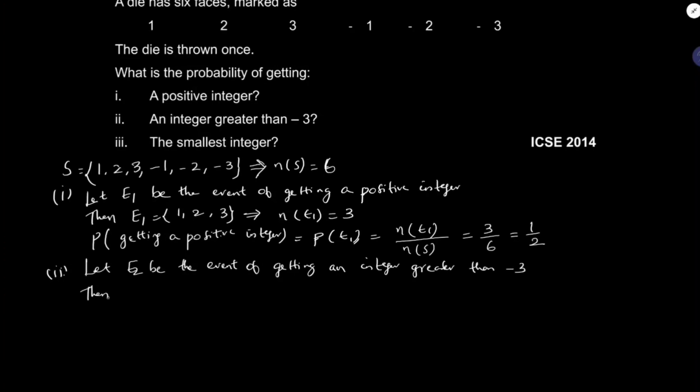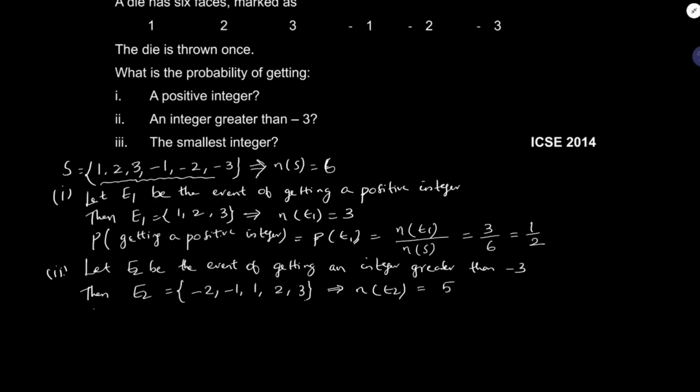So then E2 will be, see from the sample space, the numbers greater than -3. So greater than -3 will be like -2, -1, 1, 2, 3. So here number of elements in E2 are like 5.